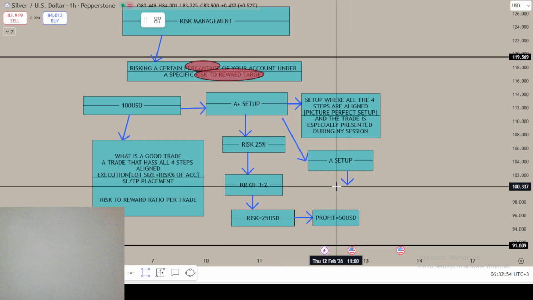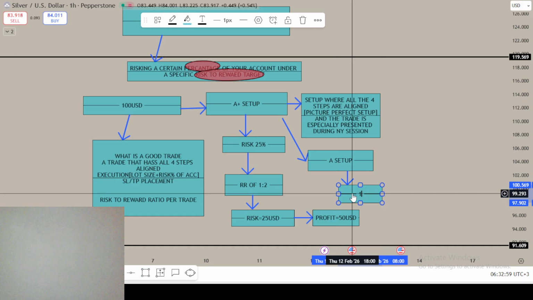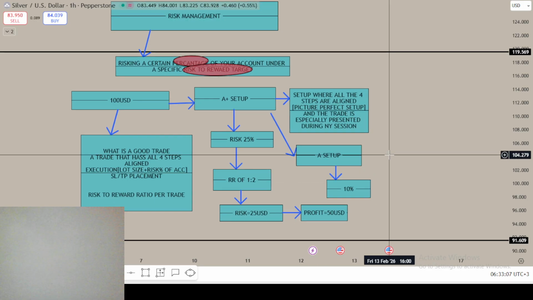Now, 100% of the time, 10%, 10%. Any trade that is not a fit trade, I don't trade. I don't trade a trade that is below an A setup where all my four steps are not aligned.